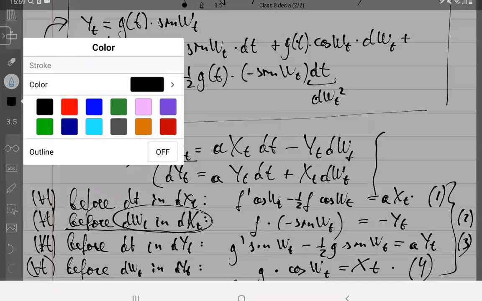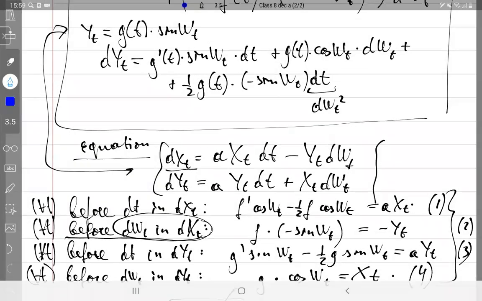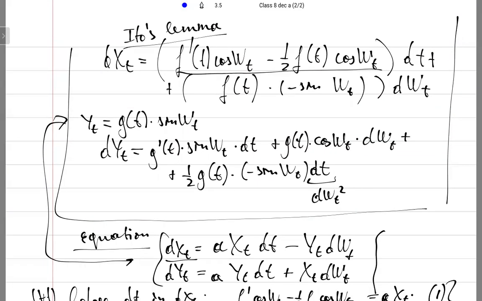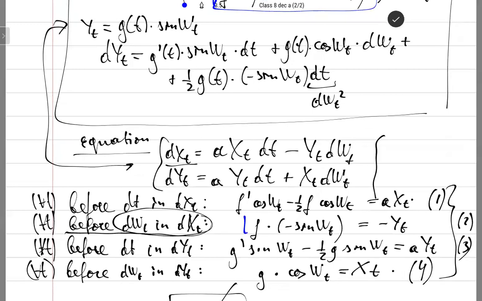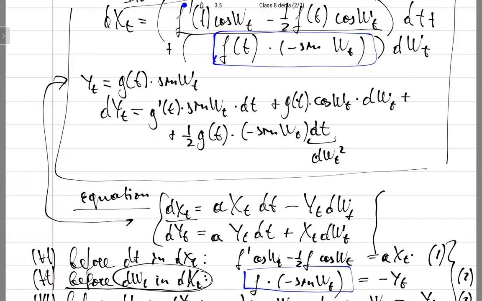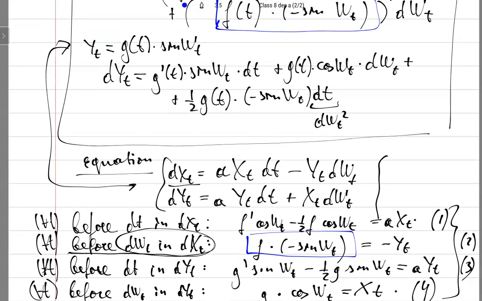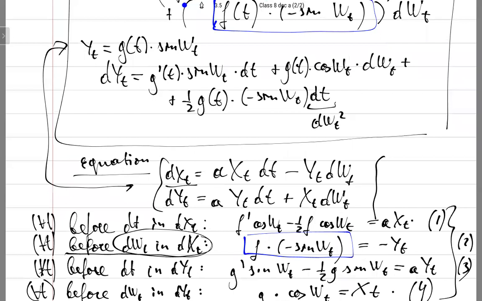Yes. Before dw in dx, from 1 we have that part. Yes, it's clear. And it's equal to minus. I got it. Thank you.